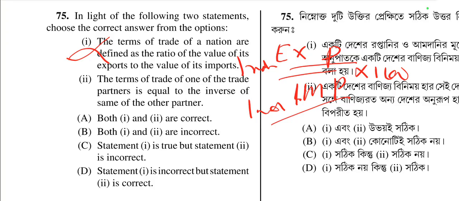So this is the inverse relation between the two countries. So statement 1 is incorrect and statement 2 is correct. So option D is the right choice here according to question number 75.